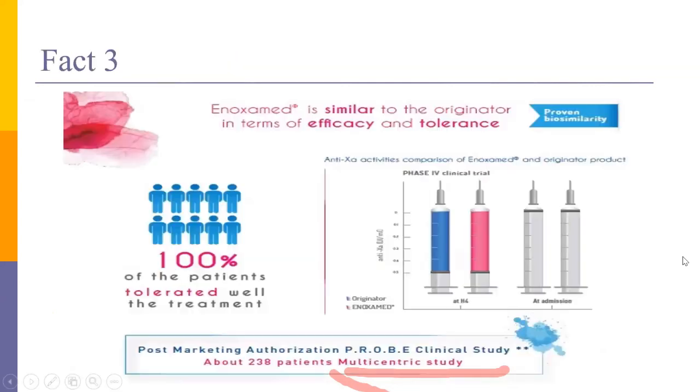The third to the next slide. So this last study that I'm going to share, still on enoxaparin, is a post-marketing clinical study that was carried out in about 238 patients, and in all those patients, 100% tolerated the treatment well, both in the originator brand and in the new brand, which is enoxaparin.